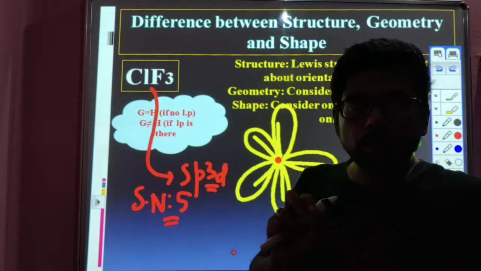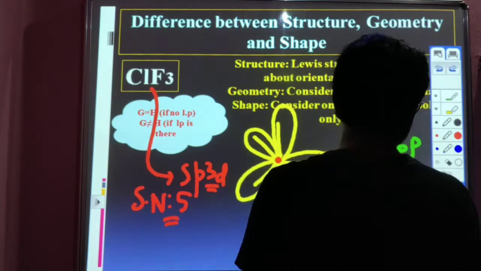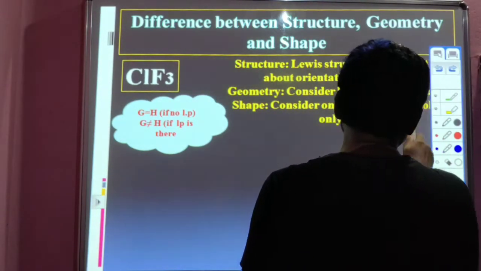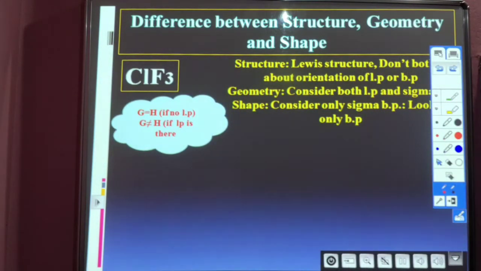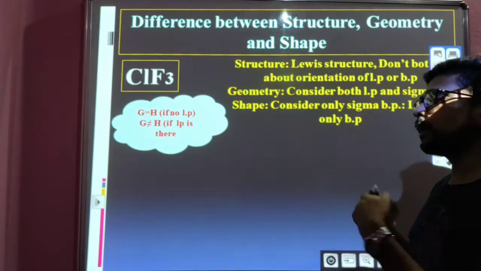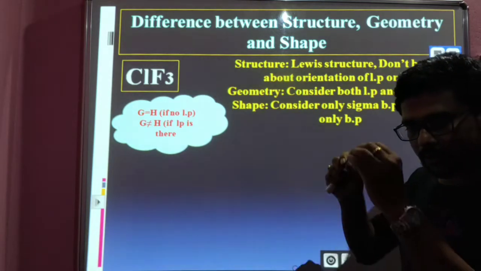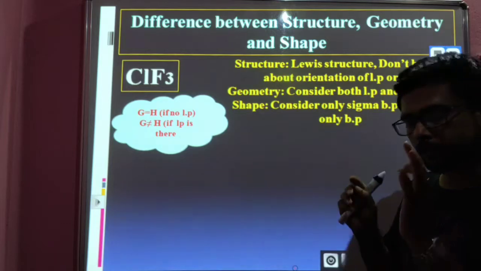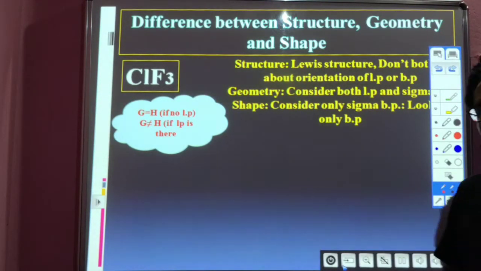So what will be the shape? To know the shape, the lone pair has a role. Carefully listen. Lone pair determines the shape.